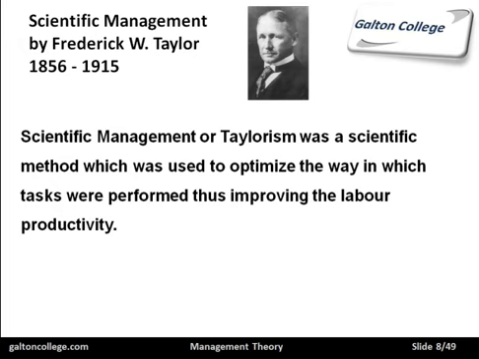Scientific management was measurement, it was calculation, it was timing. It was watching the worker perform a particular task and seeing if there was a better way of doing it, taking timings so that precise measurements could be taken as to how long a task took and what was involved. So it was a much more scientific approach to management.